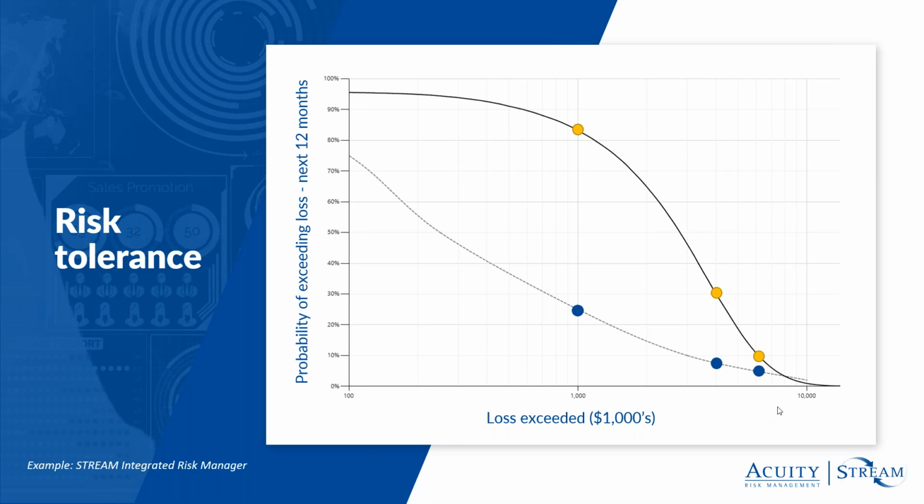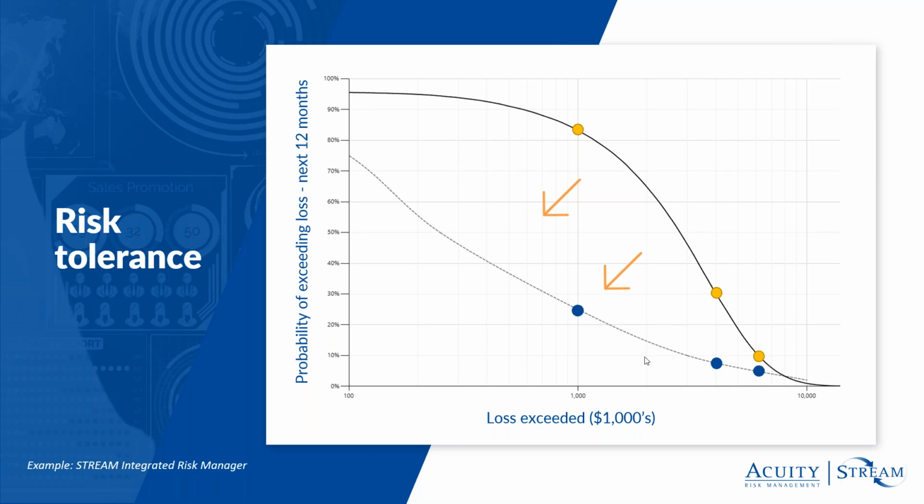So this is a nice visual representation of our financial loss profile compared to our tolerance for risk. And if we want to be resilient to risk, bearing in mind that we think that operating above risk tolerance is a leading indicator for future problems, then we need to try to get this loss profile to move down towards our tolerance for risk.